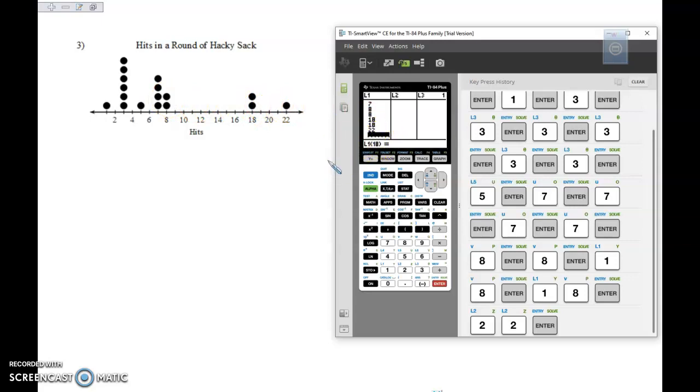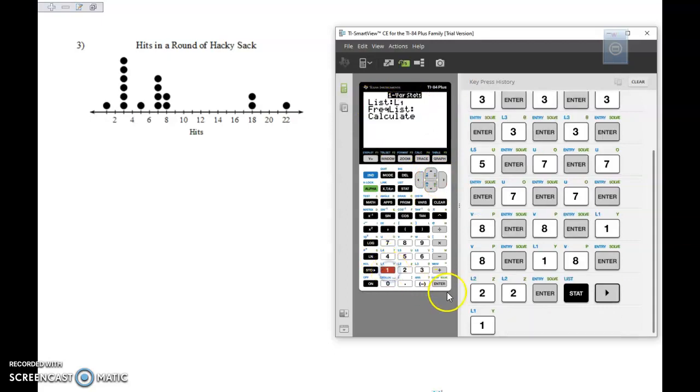Now, if everything is entered correctly, you're going to go back to your stat, and then you want it to calculate. So you're going to go over to calc, and we want one-variable stats, so number 1. And then we want it in list 1 because that's where we typed all of our data values, and then we want it just to calculate.